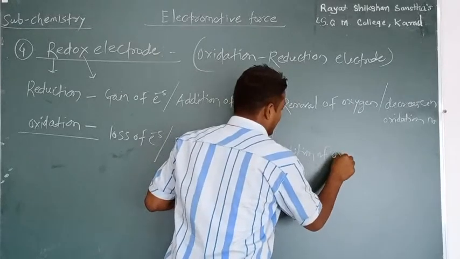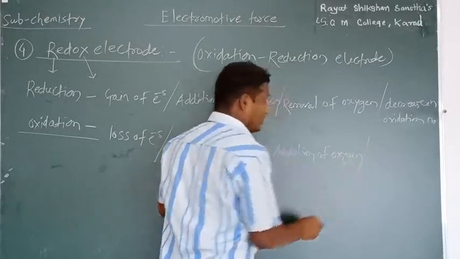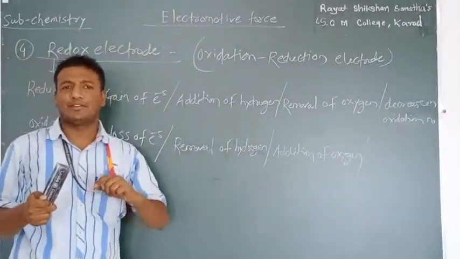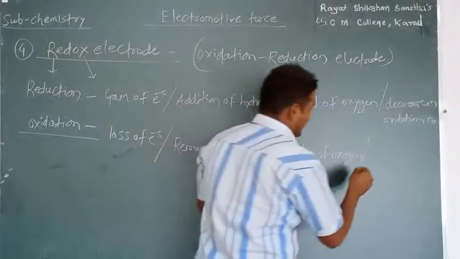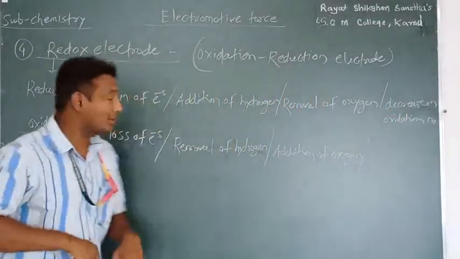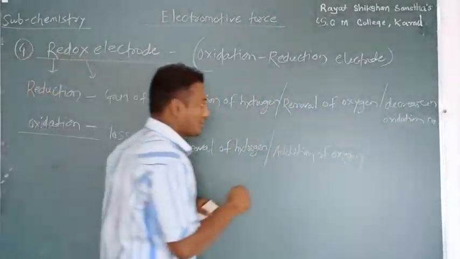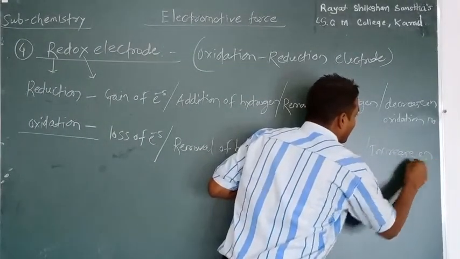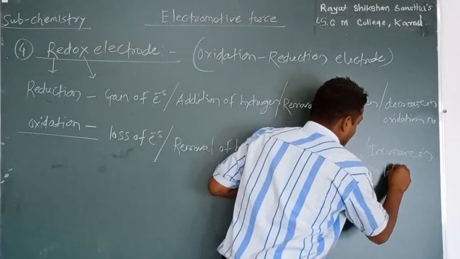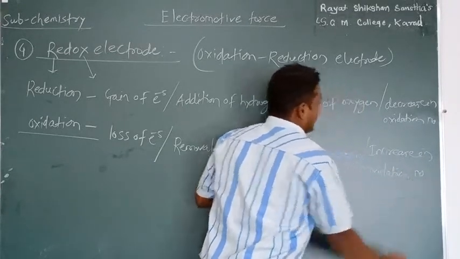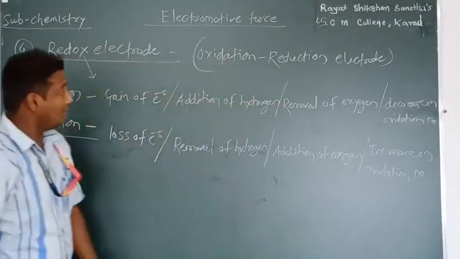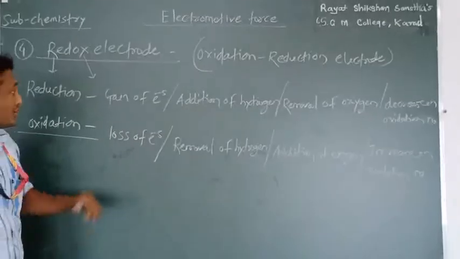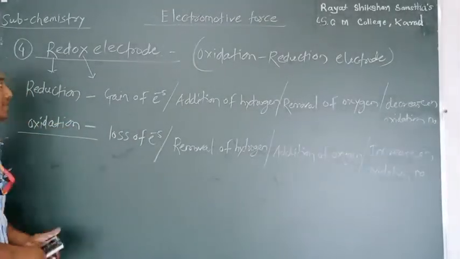Once you know the definition of one, you can easily define the other. The last one is decrease in oxidation number means reduction, and oxidation is increase in oxidation number. So keep in mind these 4 very important definitions of reduction and oxidation.